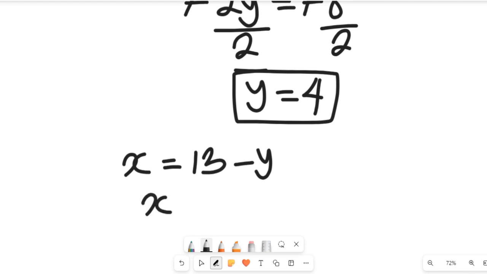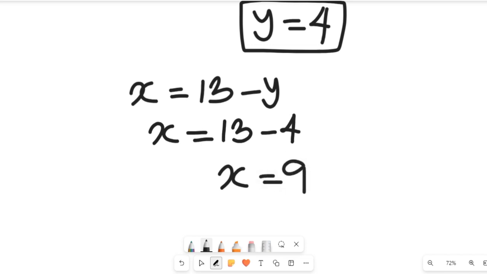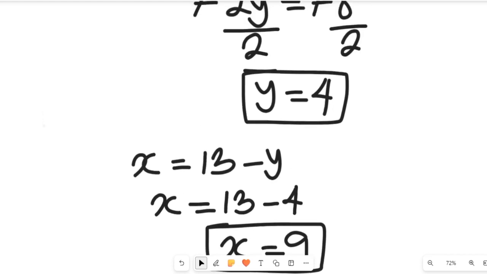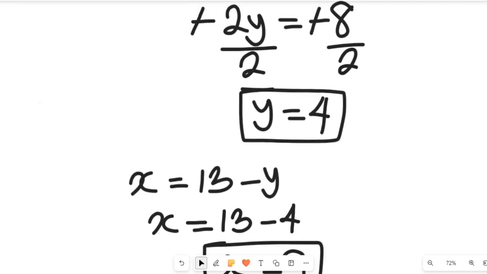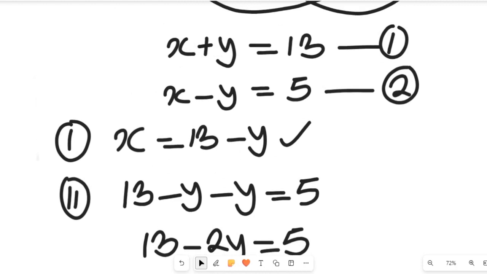And 13 minus 4 makes our value of x equal to 9. You see that from this expression, we now have the two values for the simultaneous equation, the values of x and y, which are 9 and 4 respectively.